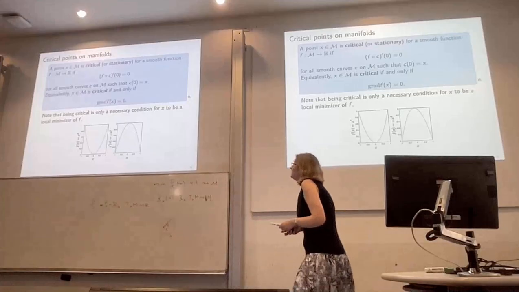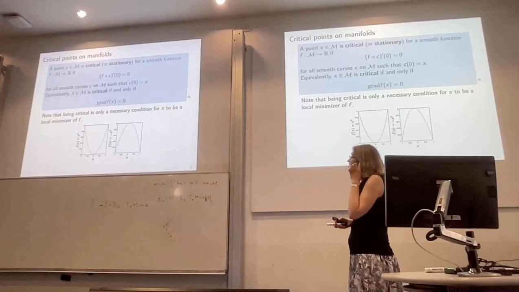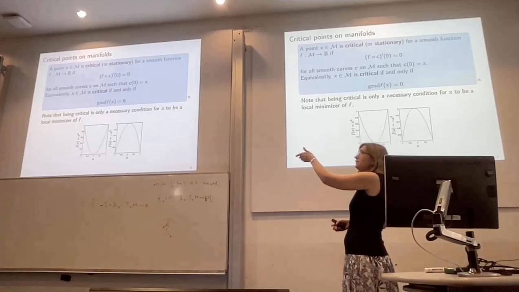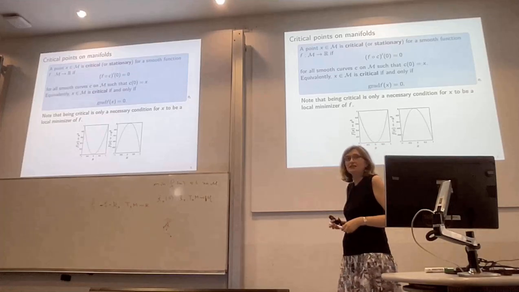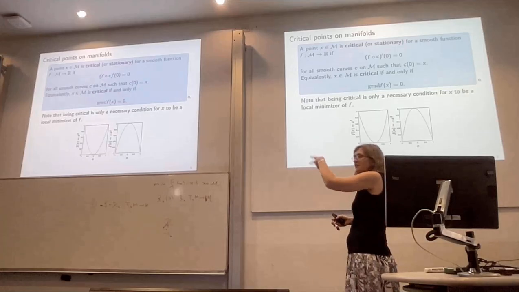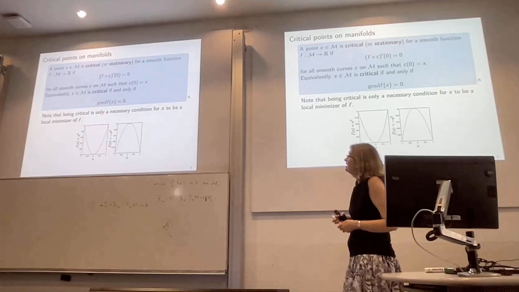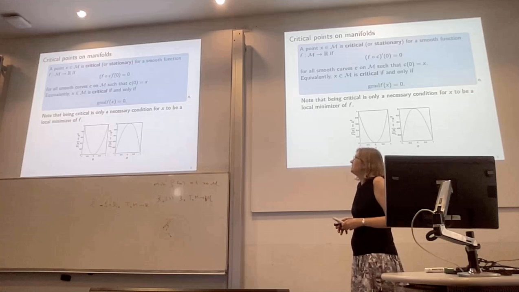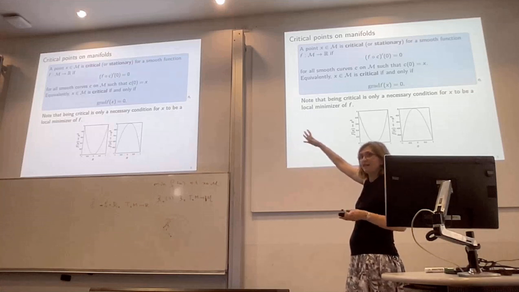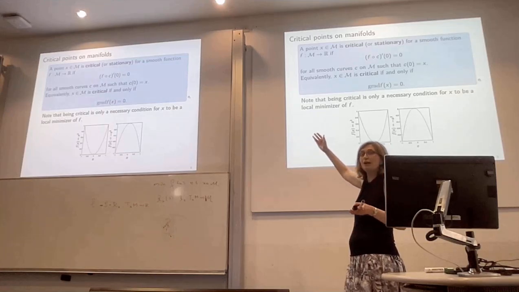Okay? So that point is then stationary, that's the basic definition. But then you can show that that's equivalent to the Riemannian gradient being 0. And basically, you can go through some kind of directional derivative to show that.